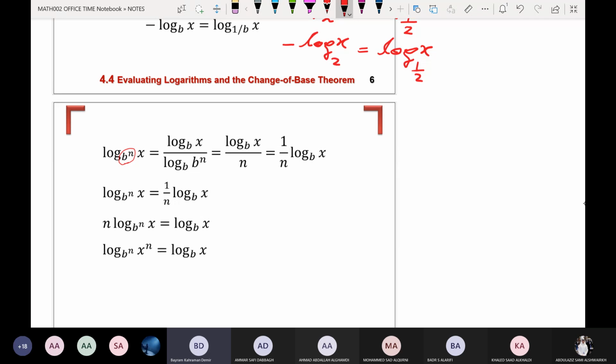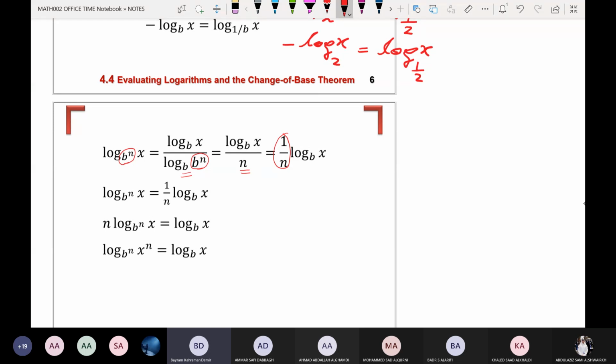So of course, logarithm of b to the n with base b is going to be n, right, Shabab? We know that. So we have logarithm of x with base b divided by n. Of course, you can write it as 1 over n here. It's the same thing. Divided by n means multiply by 1 over n.